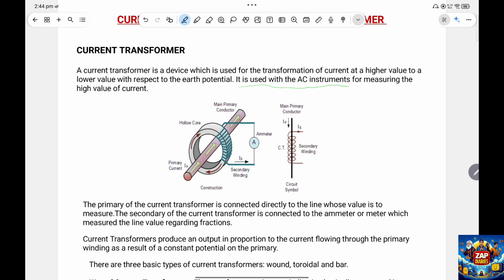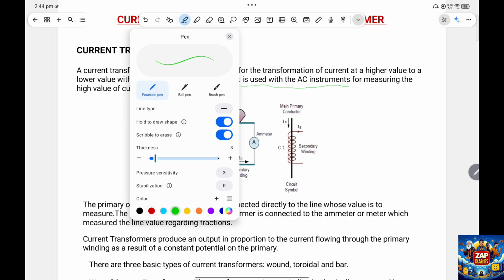you have your primary conductor. You take one phase out of three phase, you take only one phase and you pass it through this hollow core, this ring type thing.